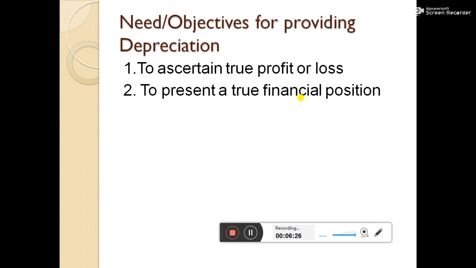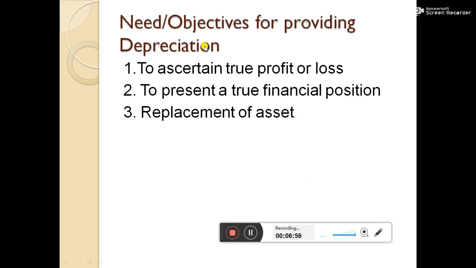For example, if my company has an asset of 1 lakh rupees, and I am charging a depreciation of 20,000 for the year, then 20,000 will be shown in the profit and loss account, and in the balance sheet I will show only 80,000, that is 1 lakh minus 20,000, as the asset.